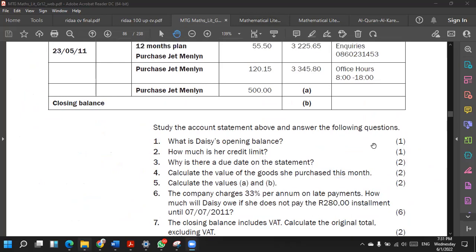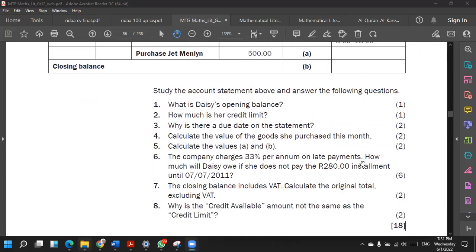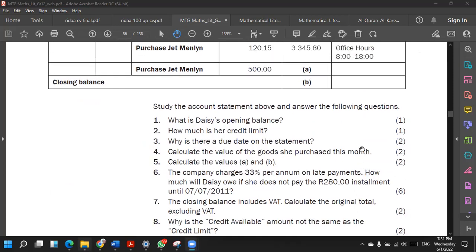So the closing balance includes VAT. So that balance of 3845.80. Calculate the original total excluding VAT. So how are you going to do that? What is the VAT again? 14%. Yes, 14. You want to check your exam paper to see what VAT they use. For some papers they have 14%, some papers they have 15%.